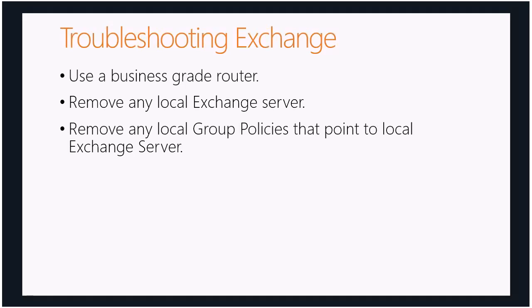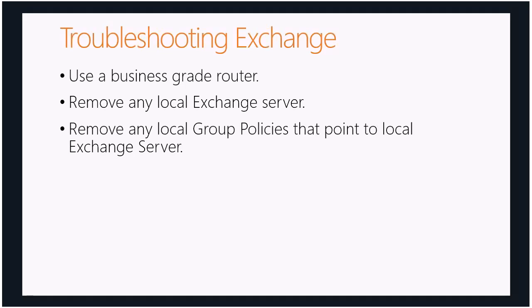And typically the way that happens is around group policy. What you'll find with a local on-premises Exchange server is a group policy that continues to point the local clients to the on-premises Exchange server. So rather than going out to Office 365, they try and connect to the Exchange server.